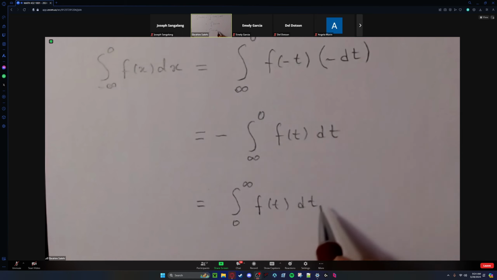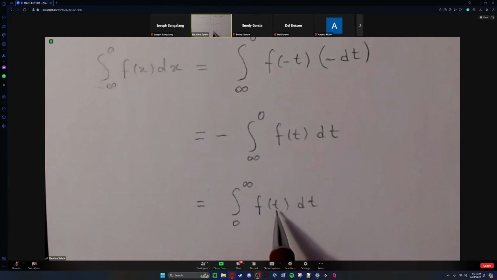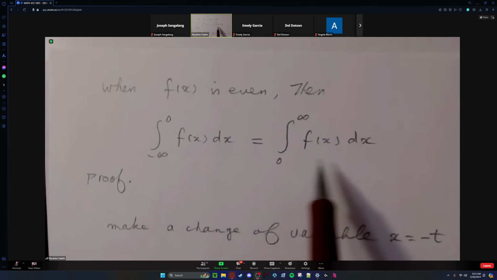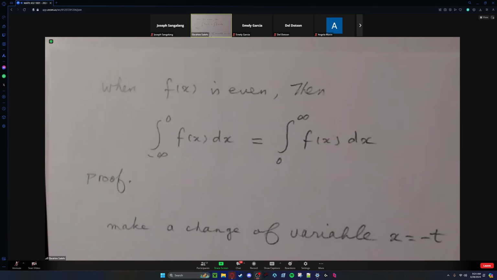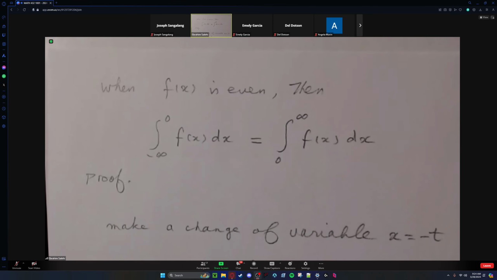But t is a dummy variable. You can say f of x dx. So that's what I claimed, and this was a little justification for it. Now, what does all of this have to do with complex analysis?